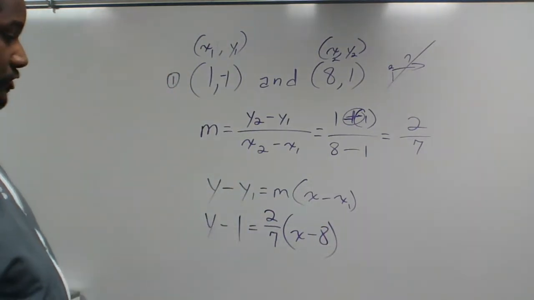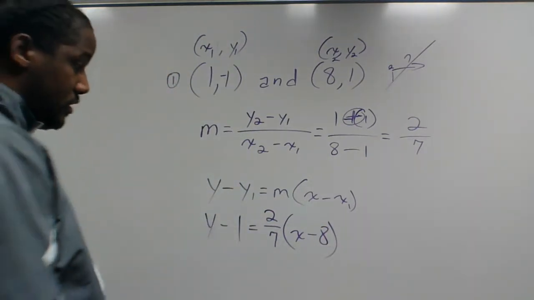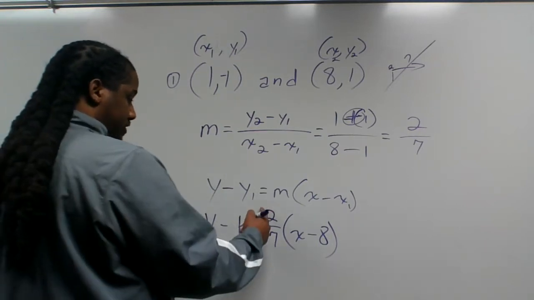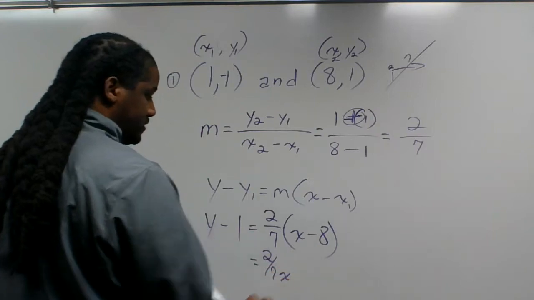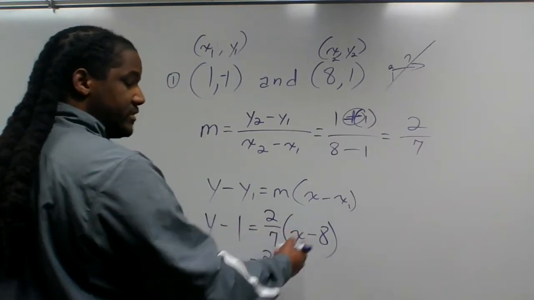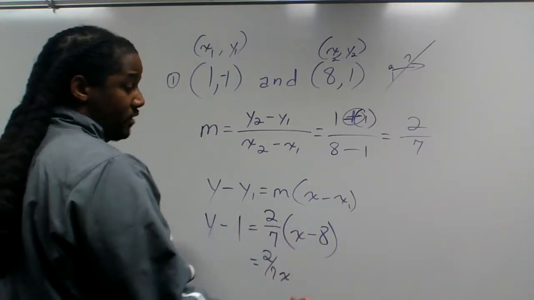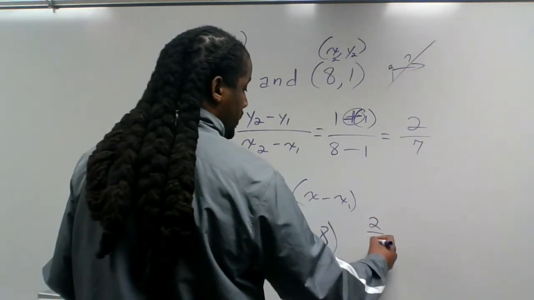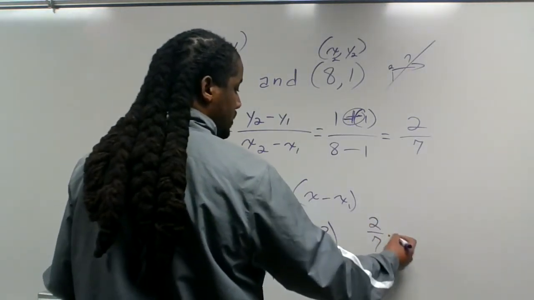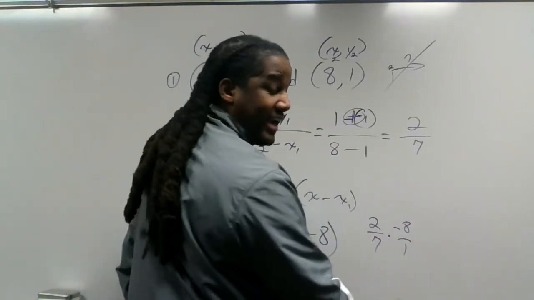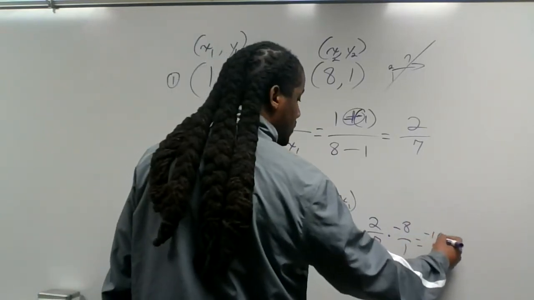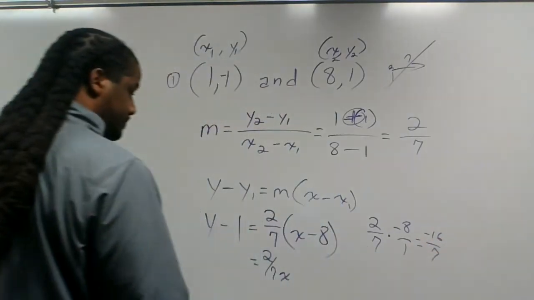Okay, now we're going to distribute. We distribute 2 over 7 times x, giving us 2 over 7x, and 2 over 7 times -8. Whenever we multiply fractions, we multiply 2 over 7 times -8 over 1, which gives us -16 over 7.